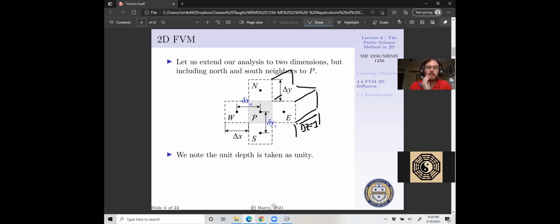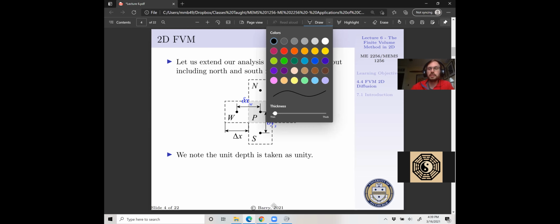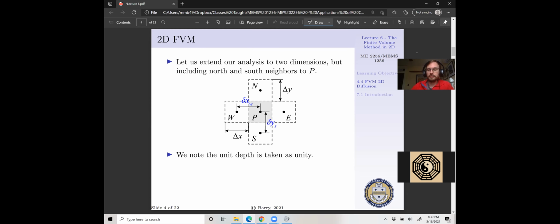So we did this in the past for a 1D system where we just picked a unit depth. So that's going to be our new stencil. And what we want to do is construct our diffusion equation using this stencil. So it's just a little bit of math, a little bit of derivation, and then we're ready to go.